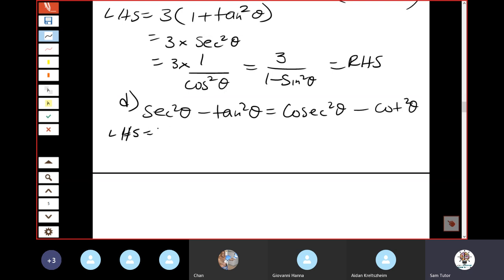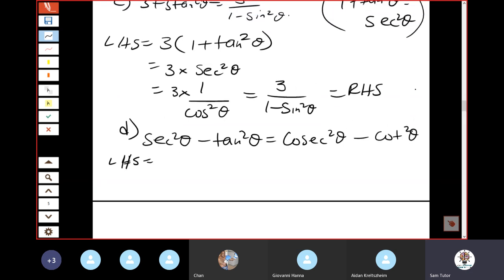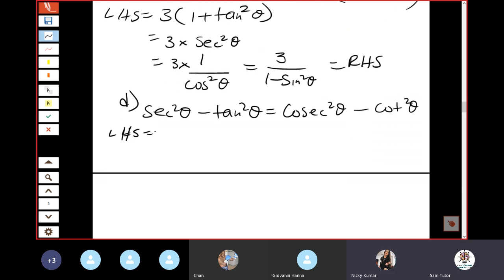So what does sec squared theta equal? Do you remember, Nikki, in terms of tan squared? Tan squared theta plus 1. Yeah, so I'm going to change just the left-hand side to tan squared theta plus 1. Now, I'm not going to change this to sec squared because it'll just get me back to the original question. I'm just going to leave this as it is.